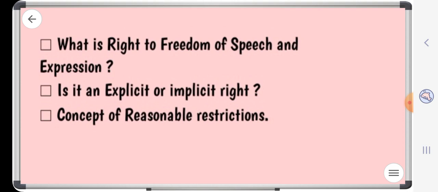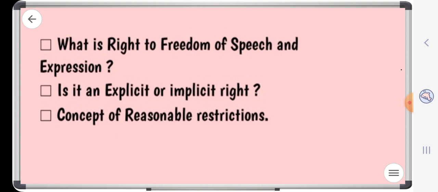These restrictions can be imposed in the interest of upholding India's sovereignty, state security, amicable relations with foreign states, maintenance of public order, decency, morality, contempt of court, defamation, or incitement to an offense. Now, all these are the grounds mentioned in Clause 2 of Article 19 that permit restrictions on this right to freedom of speech and expression.